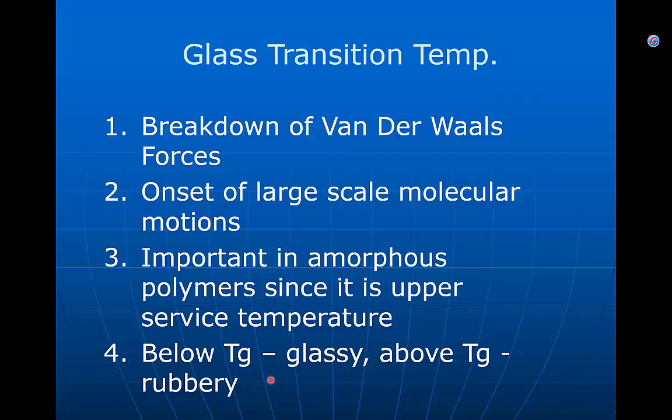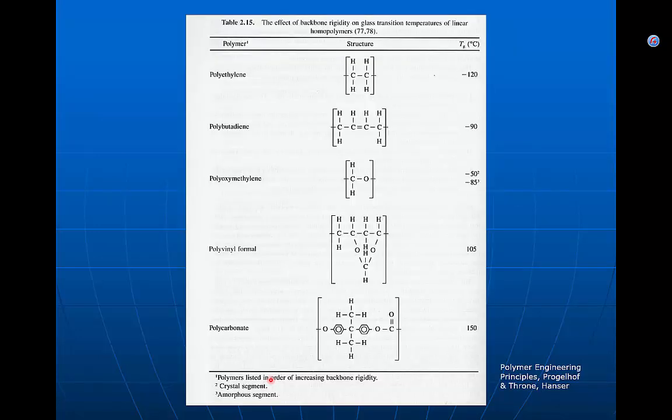Now, this is about motions, and so the van der Waals bonds are one way to think about it, but you can ask, what's going to affect the TG of a polymer? It's going to be affected by structure. So let's take a simple backbone, polyethylene, a carbon backbone, which has a TG of about minus 120 degrees Celsius, about 150 Kelvin. What happens if I stiffen this up by throwing in a double bond?